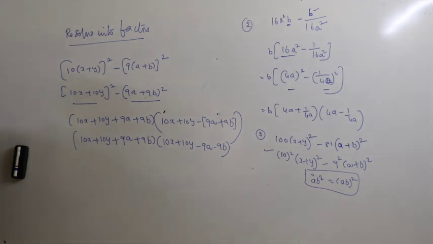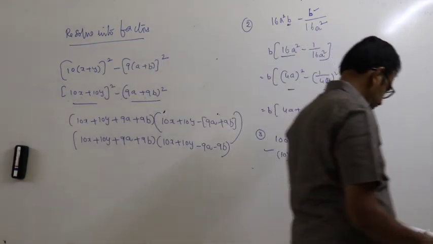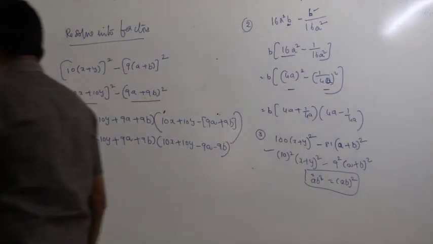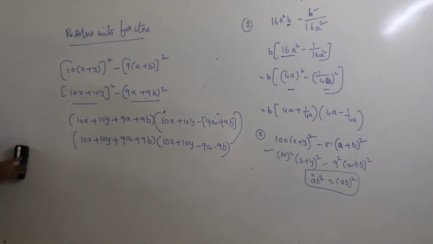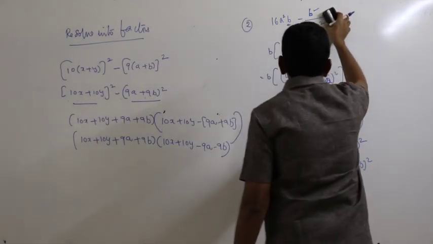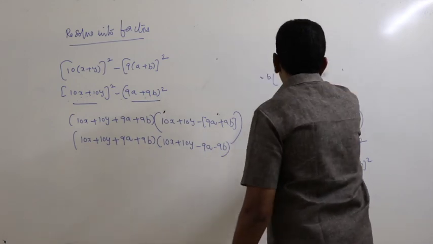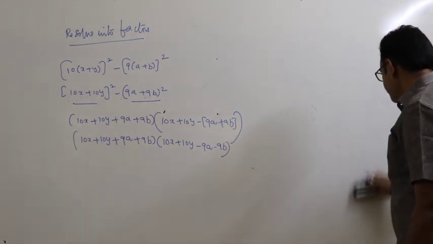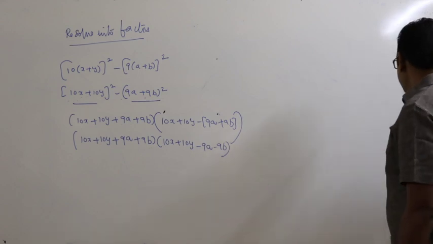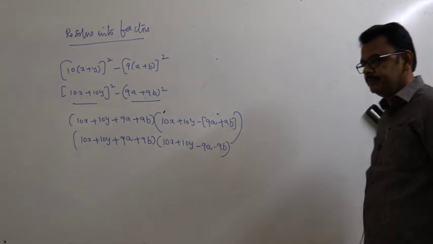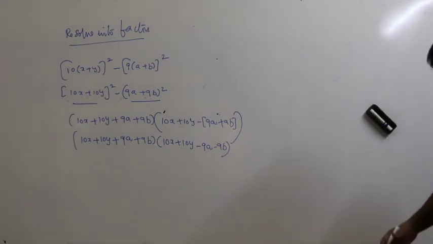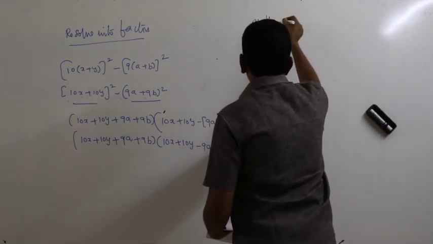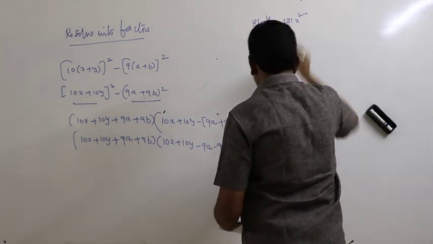Write down 81 x power 4 minus 121 x square.